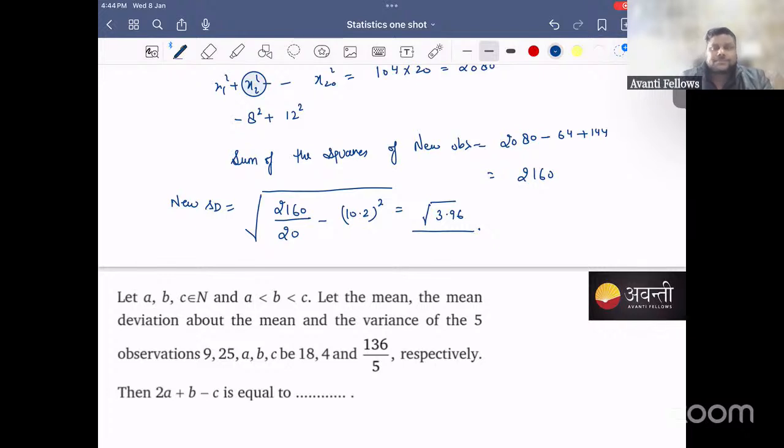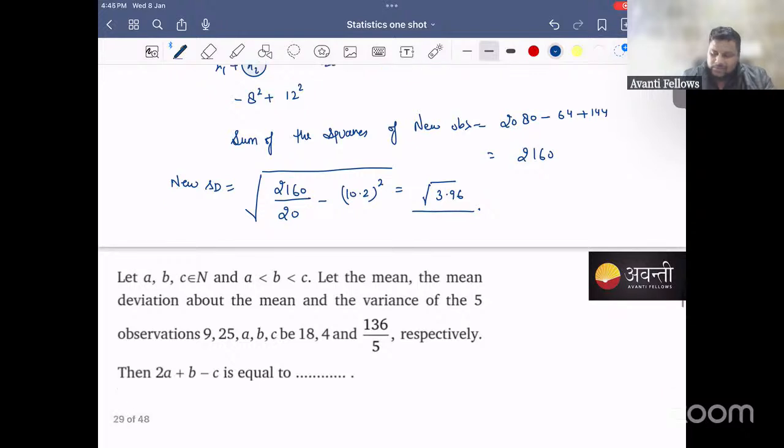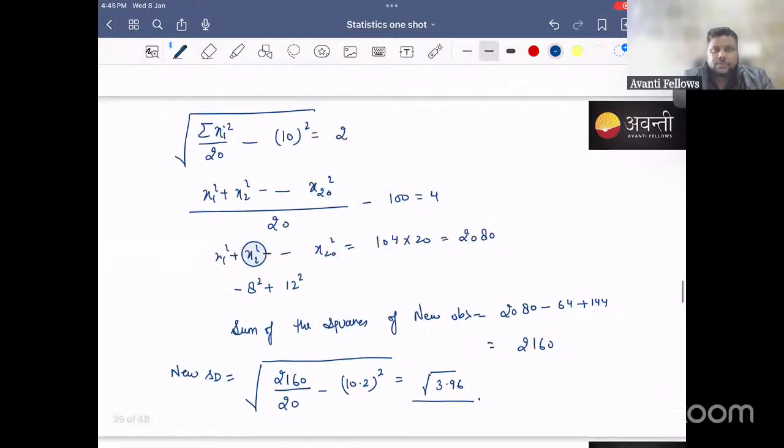Got that? Here also I will do minus 8 square plus 12 square.